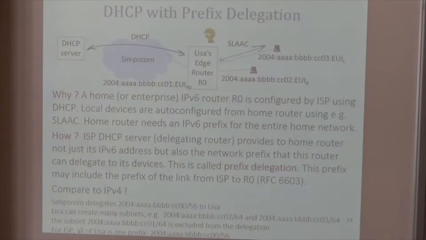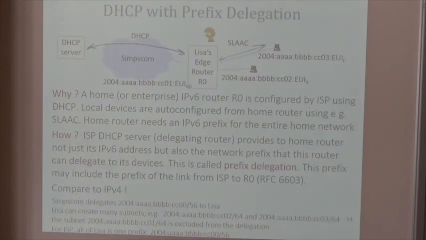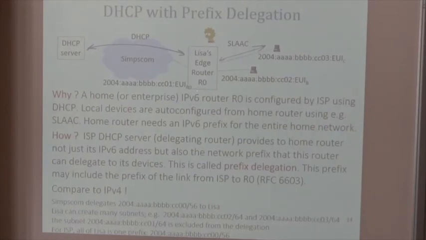So this obvious optimization is done, and it's called DHCP with delegation. DHCP with delegation means that if you use IPv6, your ADSL modem gets an IP address from your provider, but it gets not just an IP address, it gets the IP address plus the right to use one part of the prefix for your own usage.